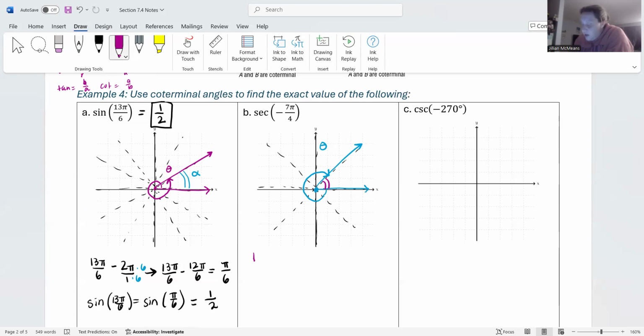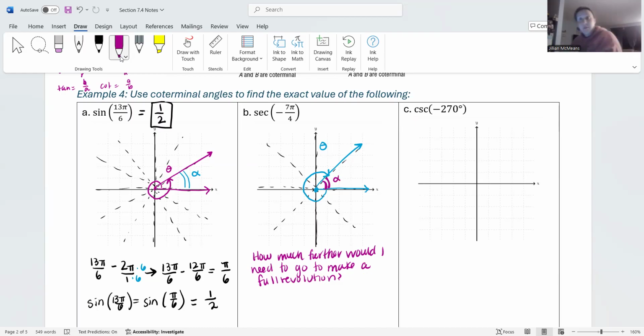So the question here is how much further would I need to go to make a full revolution? Okay, and if we can figure out this angle right here, let's call it alpha, then that angle alpha would be a coterminal angle to negative 7 pi over 4.